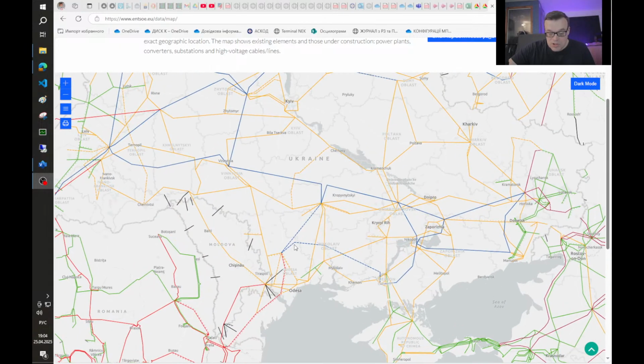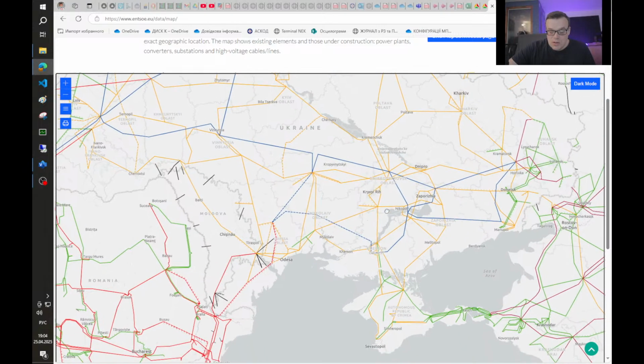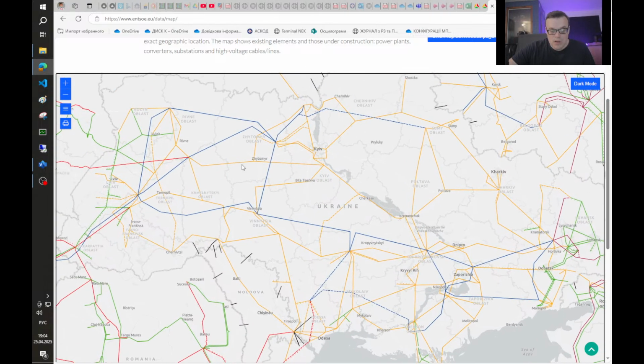The dashed line is for planned lines, now at the design stage. As you can see, this voltage level is really a grid forming level.